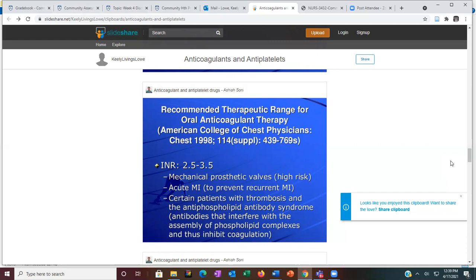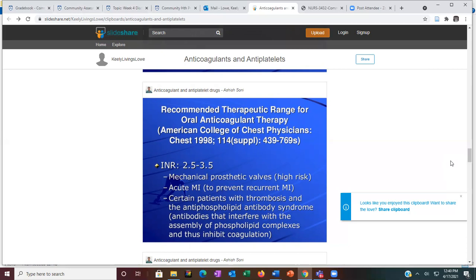So if the patient is at an even increased risk of having another clot, they may want them with an INR of 2.5 to 3.5. Again, their blood clots at a rate of 2.5 to 3.5 times longer than it would take you and me for our blood to clot. Okay, it makes it thinner, less likely to form clots, to move through those damaged vessels or tiny, tiny arteries.